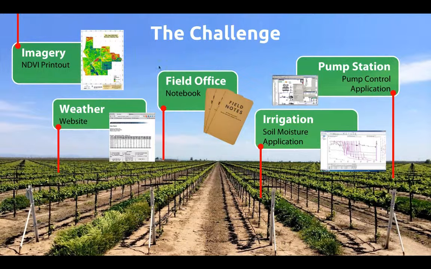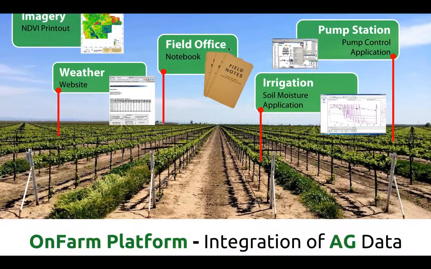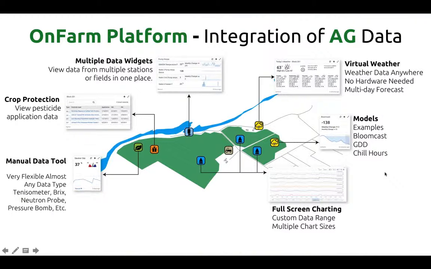We're trying to get you past that, where it's easier to manage all that and get it into one place. This is an example of a pretty common field where we're pulling data in from all these different devices. We've got data coming from Agrian, in this case for crop protection data.